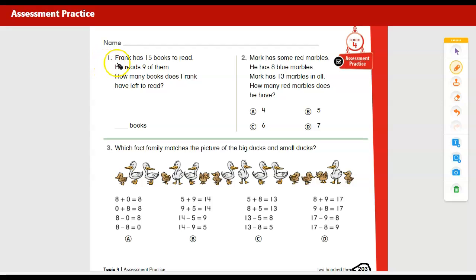Number 1 says Frank has 15 books to read. He reads 9 of them. How many books does Frank have left to read? So you will choose a strategy to solve this problem, work it out in this area, and write your answer below.